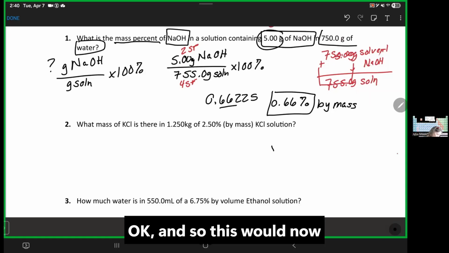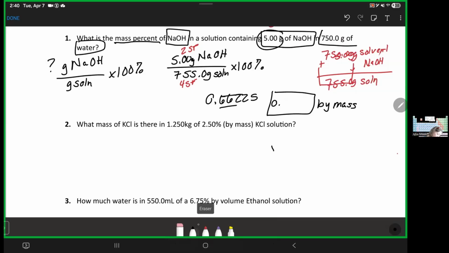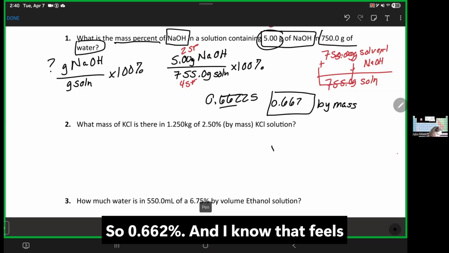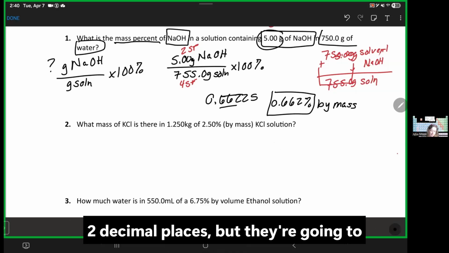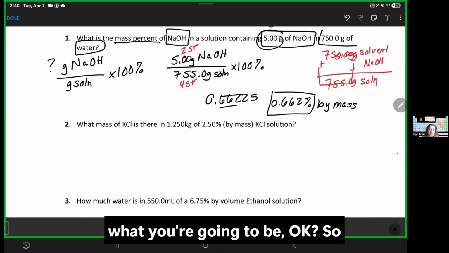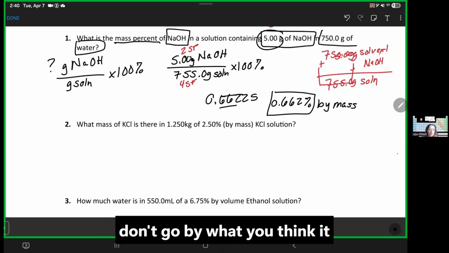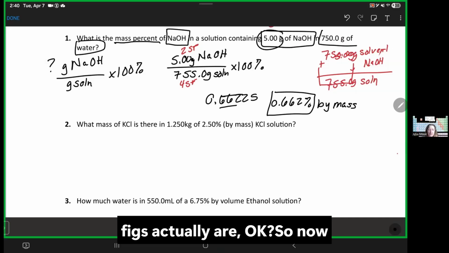And so this would now be 3 sig figs, so 0.662%. And I know that feels weird. You're used to percentages having 2 decimal places, but they're going to have whatever your sig figs are. So don't go by what you think it should be. Go by what your sig figs actually are.